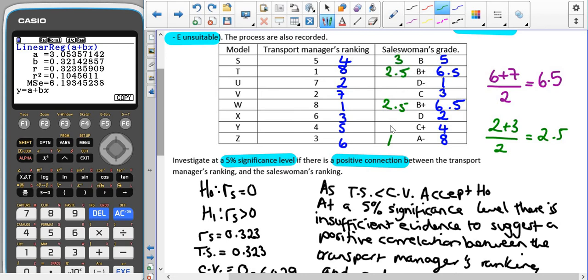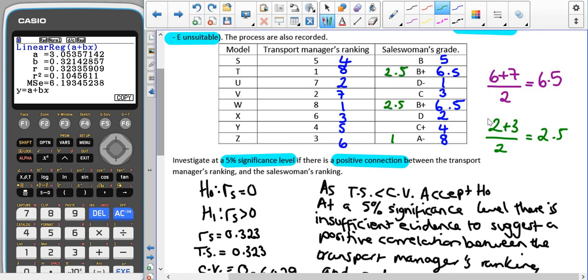Oops, sorry, I forgot to double check my bit next to it. Let's start that again. 1, then as we did here, 2.5 and 2.5 for the two B pluses.